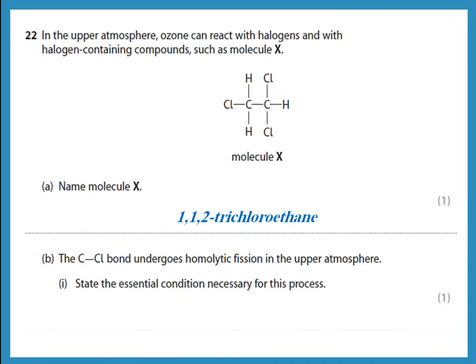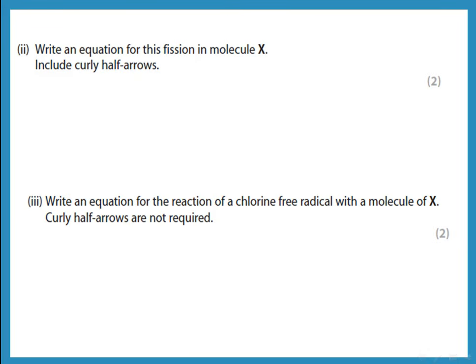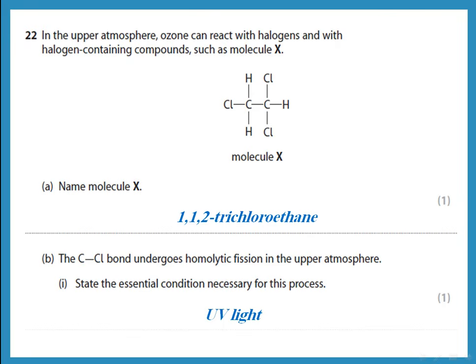The C-Cl bond undergoes homolytic fission. Remember, what is the essential condition needed for homolytic fission? We said if I want the bond to break with homolytic fission, it would need ultraviolet light, just as in the halogenation of alkanes. Write an equation for this fission in molecule X. Now, what is he asking?